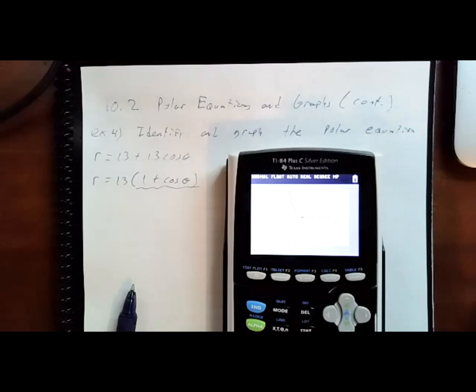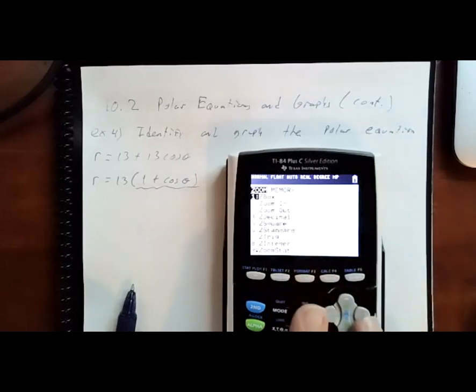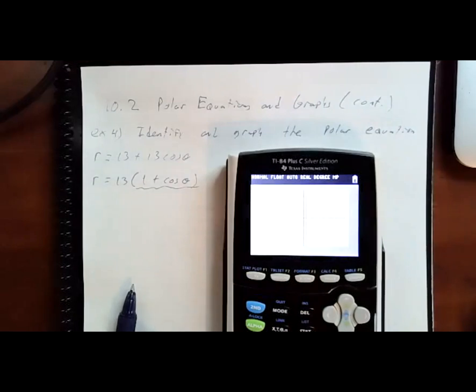Let me zoom in better. Zoom. Let's hit trig number 7. See if that works. No, it does not. Standard 6. Zoom out a bit. There we go.